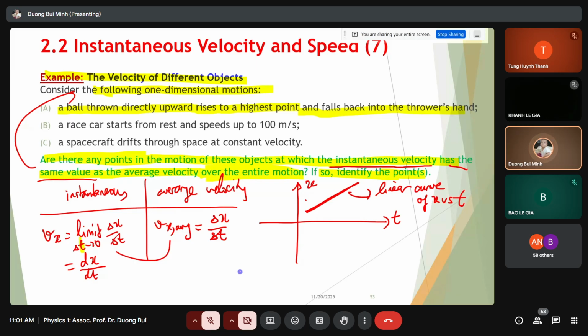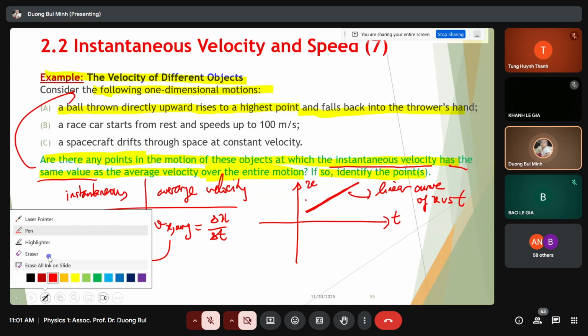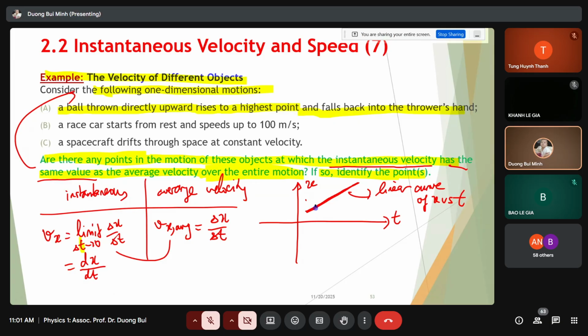when we consider point A here and point B here, you can see here is delta t and here is delta x. So you get Vx average equal to delta x over delta t. When we increase delta t by some factor, delta x increases by the same factor, because it is linear.